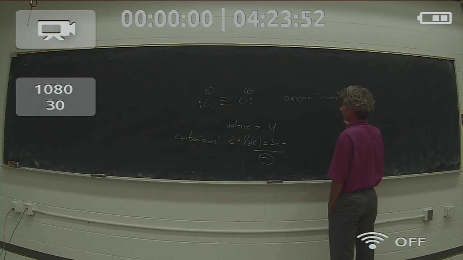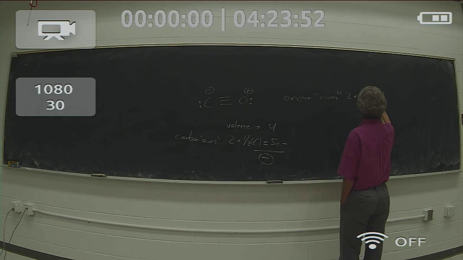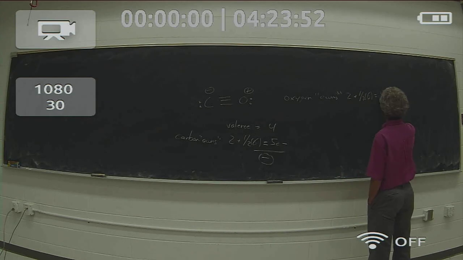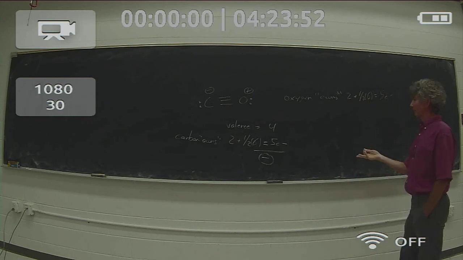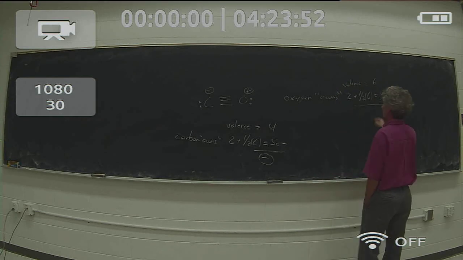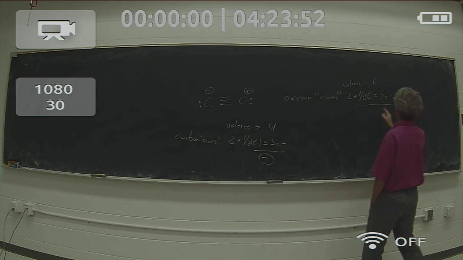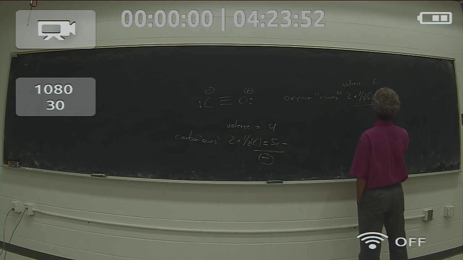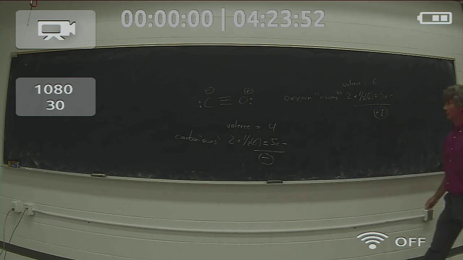Owns the lone pair and half of the 6 bonding electrons, so it owns 5, but its valence was 6. 6 minus 5 is plus 1.